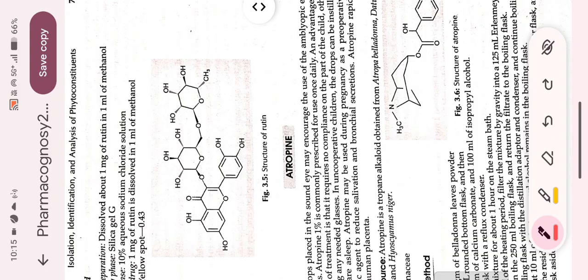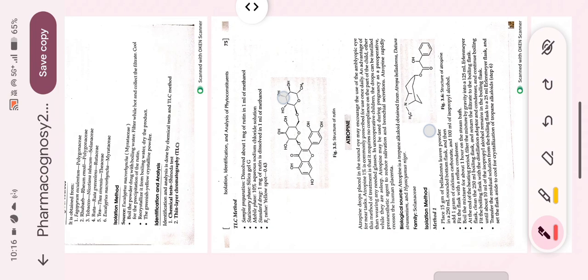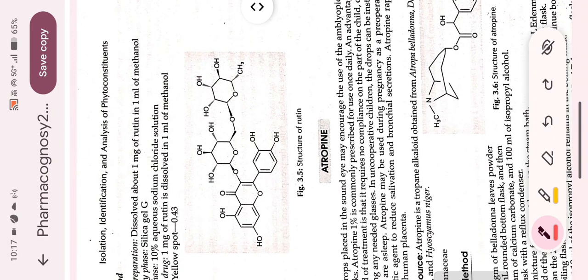Okay, let's write without seeing. That is rutin. It is a flavonoid glycoside. Let's write. Where to write? No space. Okay, we have that one benzene. Hey, we didn't write glycyrrhetinic acid.